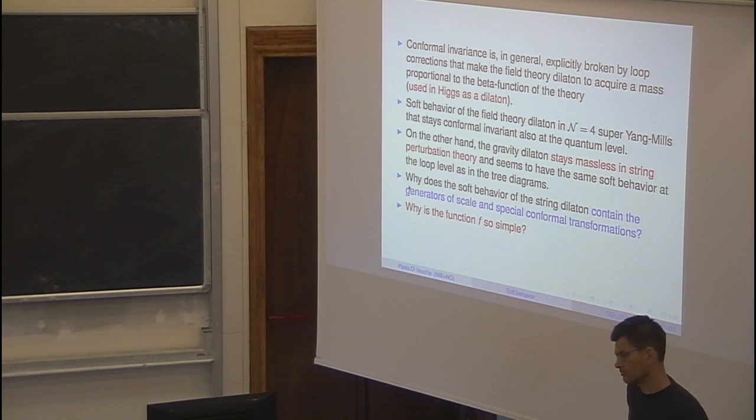And the other thing is, when you go to loops, you have this g string, this g string you have at some point. So I would have imagined that the soft theorems of the dilaton are strongly dependent on the order in the loop.